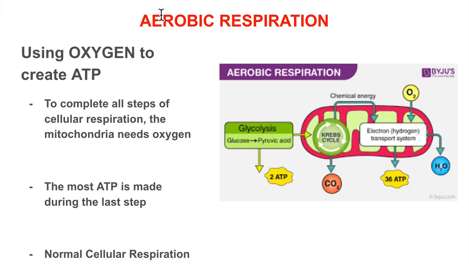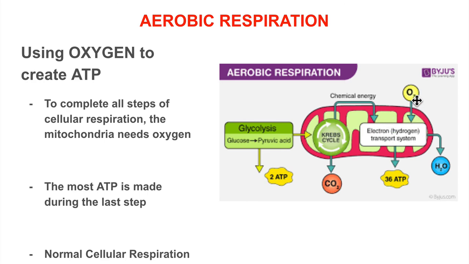Now, there are two types of respiration that you need to be aware of. One is called aerobic respiration, and the second one is called anaerobic respiration. Aerobic respiration is when I use oxygen to make ATP. Those three steps that I just talked about, glycolysis, Krebs cycle, electron transport chain, well, they need oxygen.